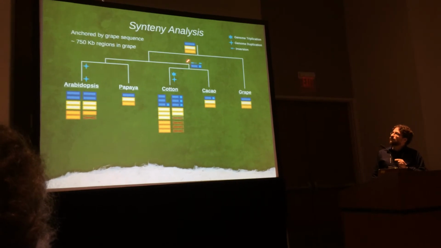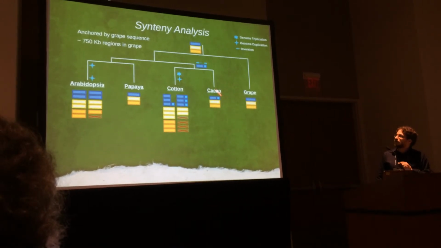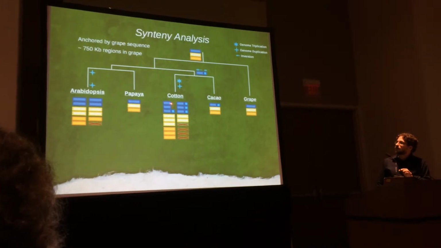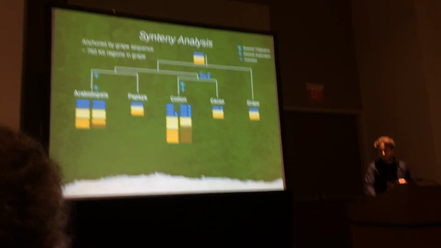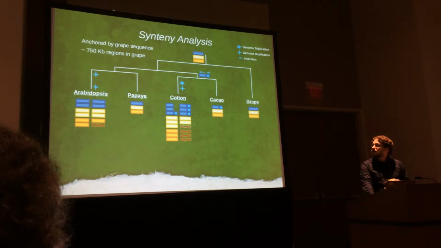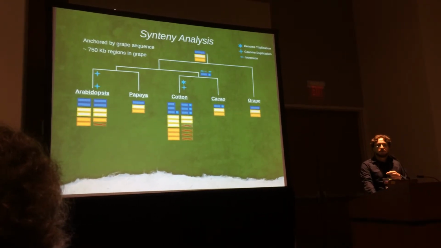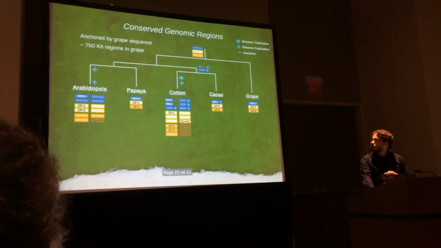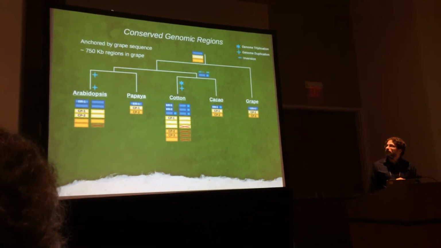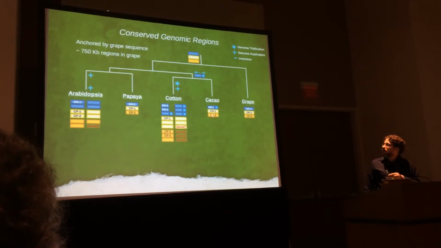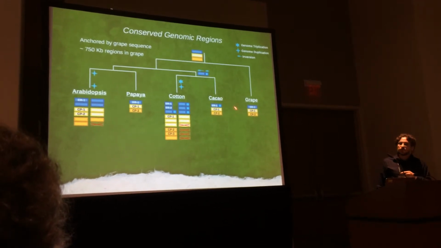There has been a large inversion in the common ancestor of cotton and cacao that rearranged this region a bit, and cotton lost a bit of it. So now that we know where these genes would have been in most cases, we look to see where we find the existing genes, and we can place them into their appropriate backgrounds.